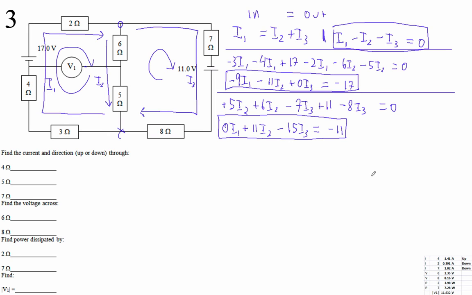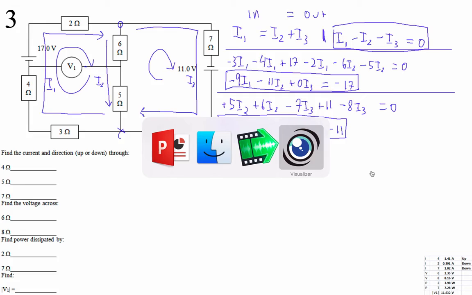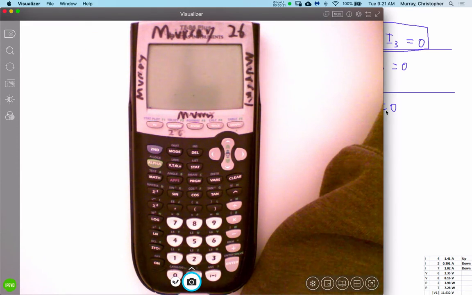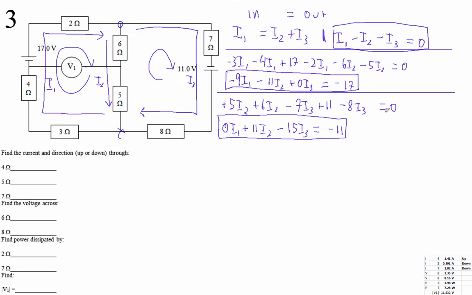Okay, so let's make this thing matrixable. Let's put our matrix over here, and then we can see it as we type it into the calculator.